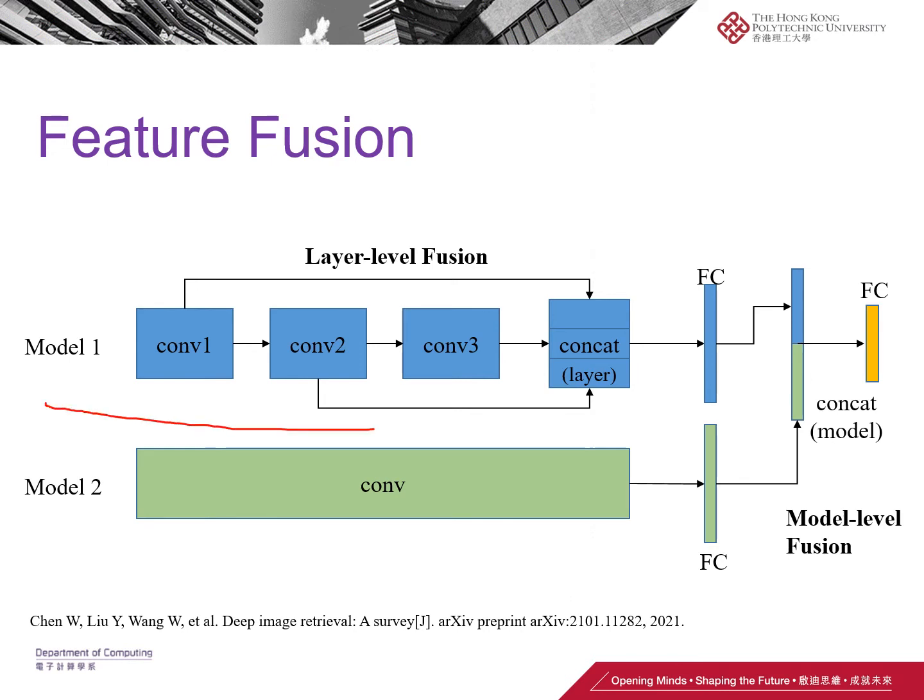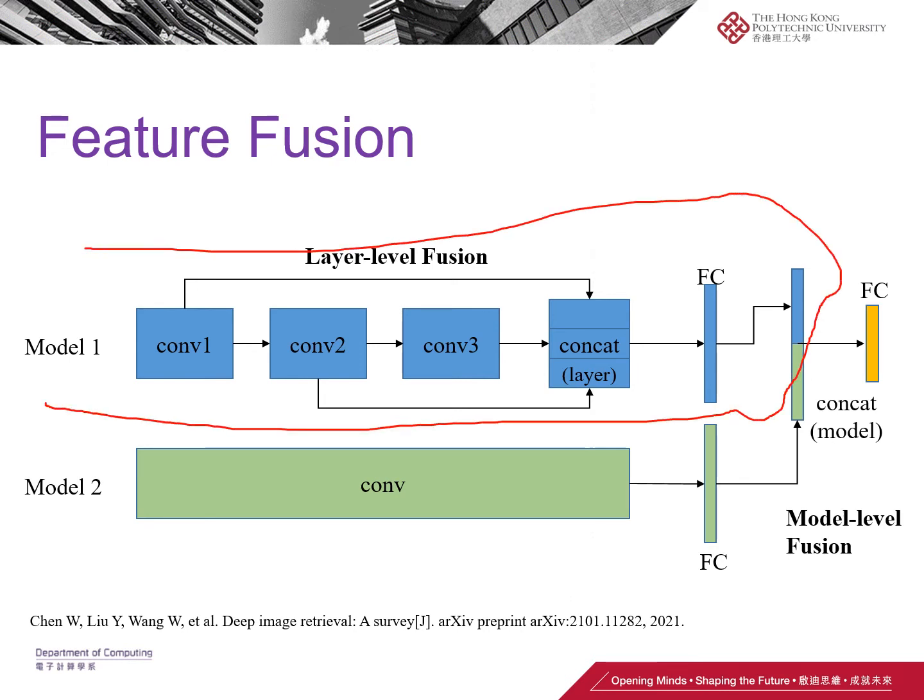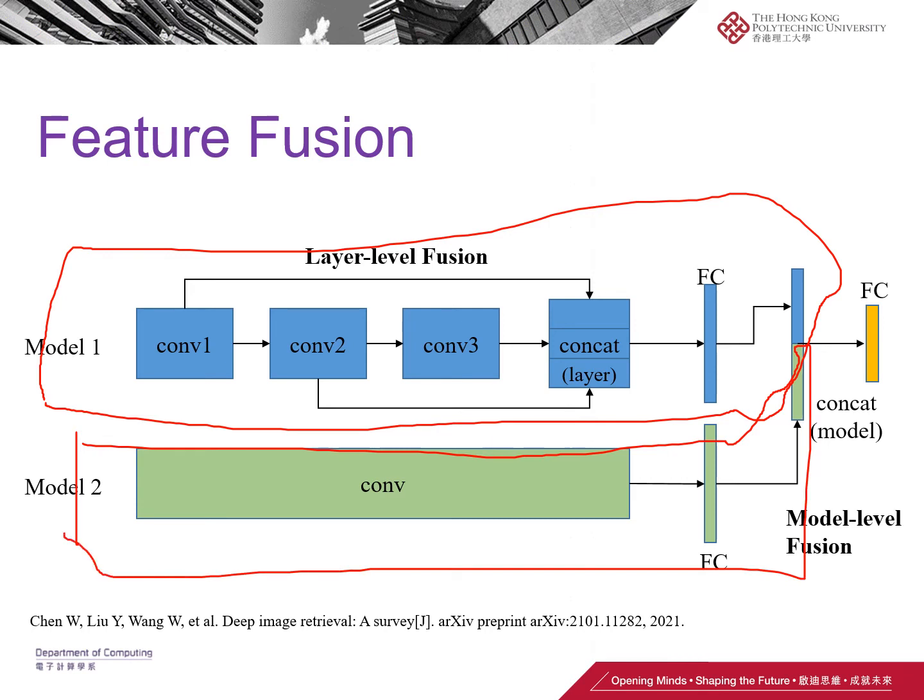So let's say we have model one trained for one classification task, and a second neural network trained for another classification task. We can just take the final results and concatenate them together as a feature vector. In this case, this feature vector will focus on different aspects of the image, and we could use that for image retrieval.